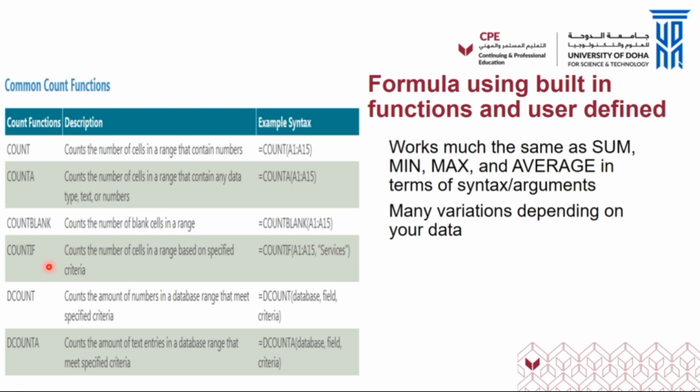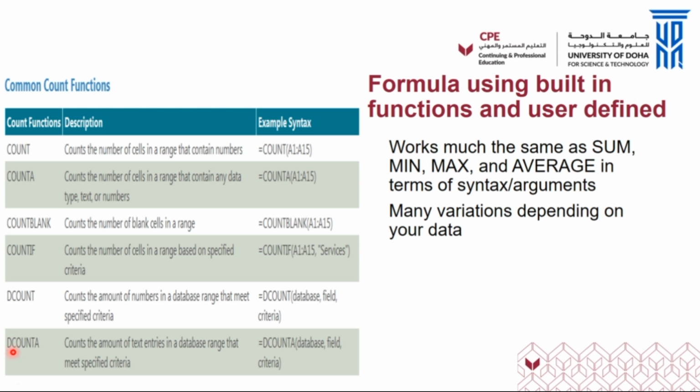Some other versions which are not that popular but can be useful are DCOUNT and DCOUNTA. DCOUNT counts the number of numeric cells in a database range that meet specified criteria. So equal to DCOUNT, open parenthesis, you specify the database, the field, and the criteria. The database could be a table, the field could be a column, and the criteria in that column.